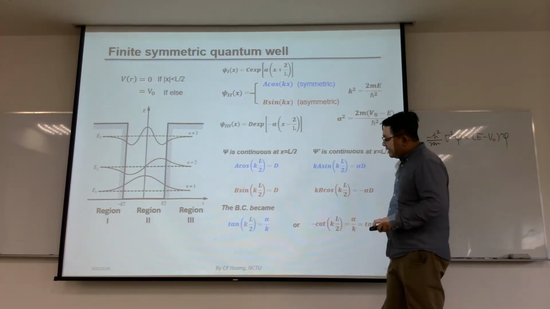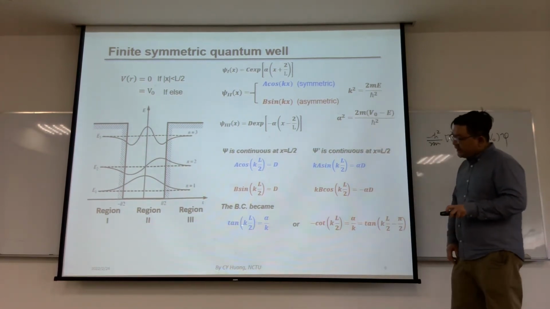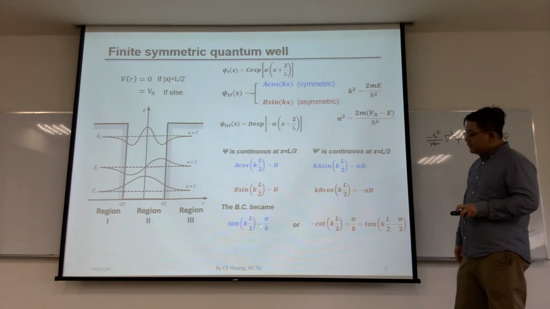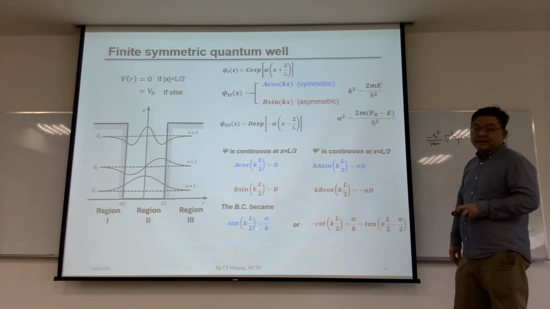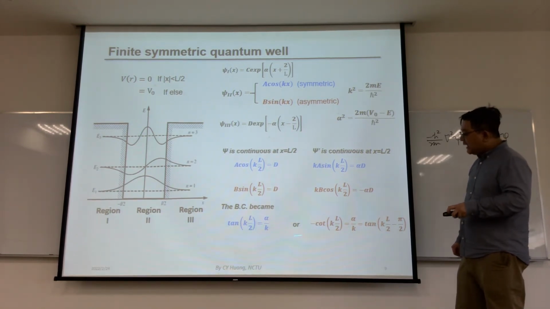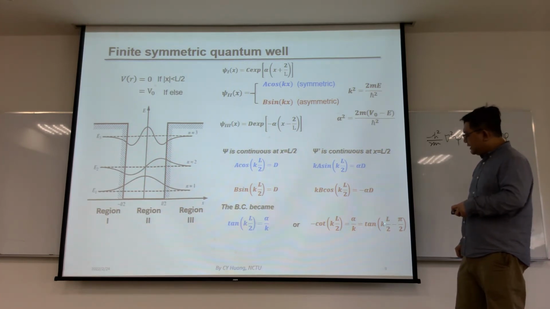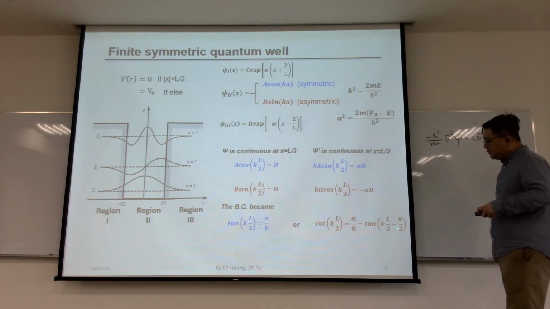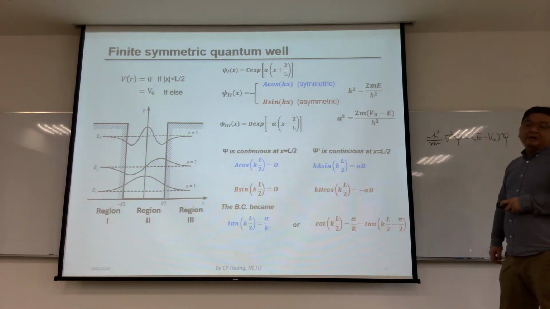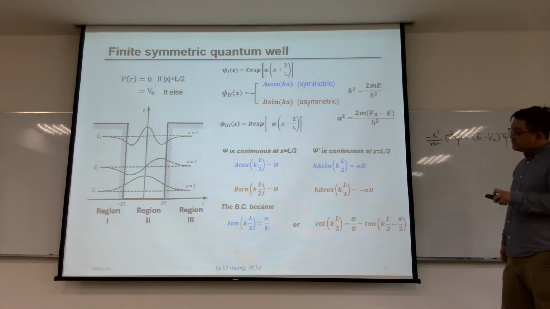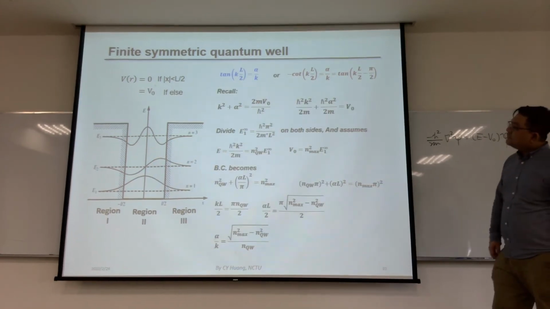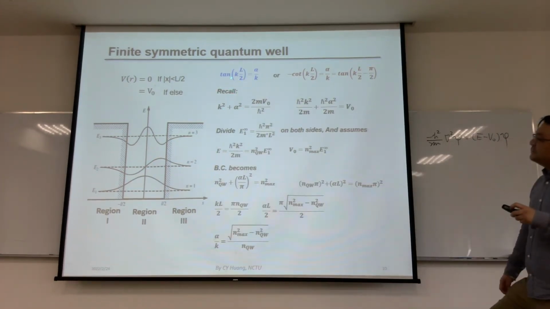So it will be tangent KL over 2 should be alpha divided by K. The other way will be minus cotangent KL over 2 should be alpha over K. And with some calculation, this is equal to tangent of KL divided by 2 minus pi over 2.